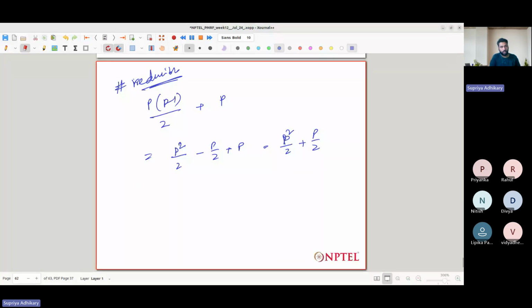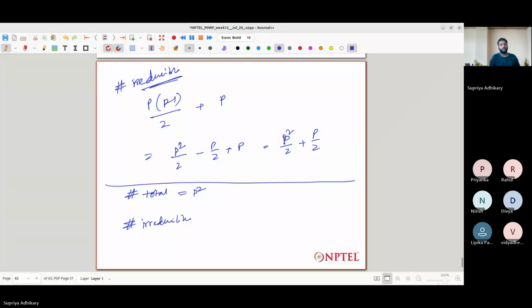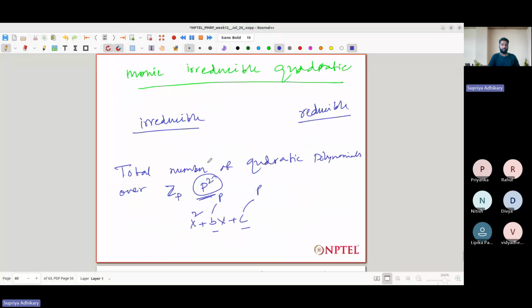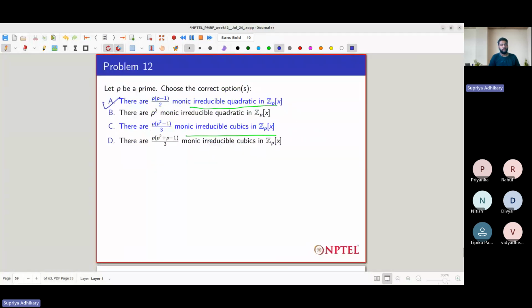Now we know that the total number of polynomials was p square. So the total number of irreducible polynomials is now p square minus this value over here, and this turns out to be this. So this is the total number of monic irreducible polynomials.